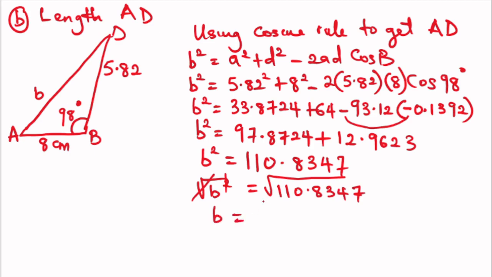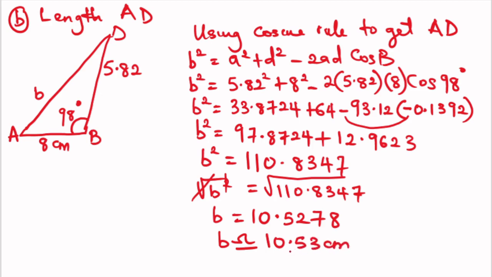b is equal to the square root of 110.8347, which is 10.5278. Putting this in two decimal places, b is approximately 10.53 centimeters. Remember the question says find length AD.